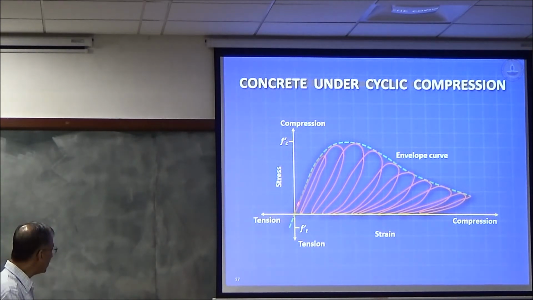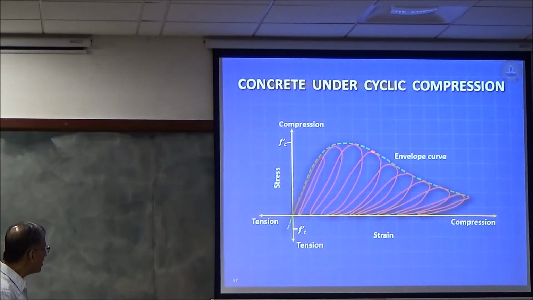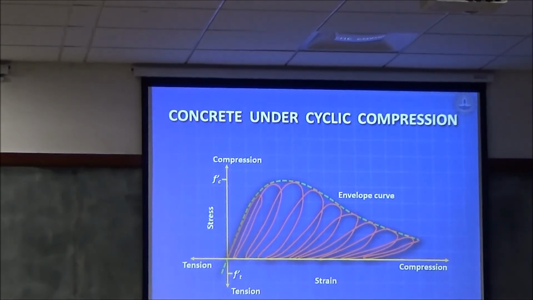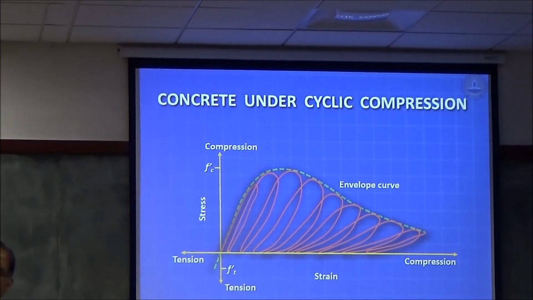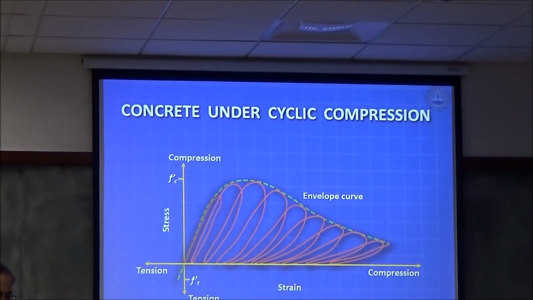But if I load it, then unload it, then load it, then unload it, the peak points will trace the same. Very interesting thing. More or less. There is no cyclic hardening taking place.